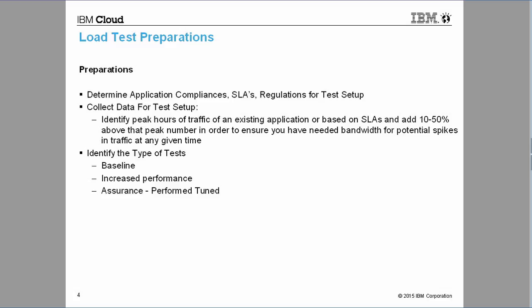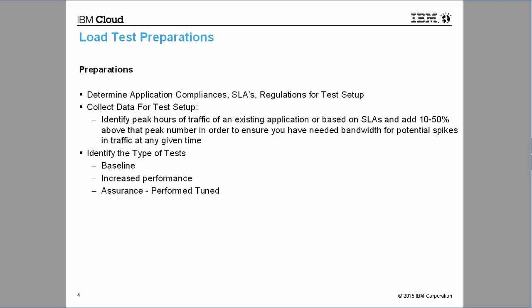The second piece is to collect the data needed for the test so that you can simulate each use of the data that is available, and also collect the data for when the application is going to receive peak traffic. Also identify the break-even points, and determine the bandwidth for specific potential spikes in traffic at a given time.